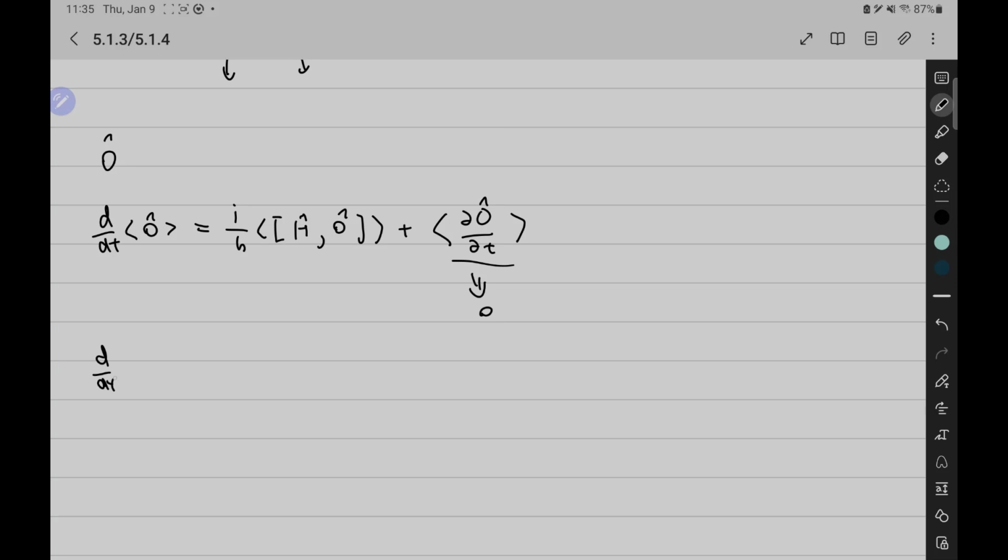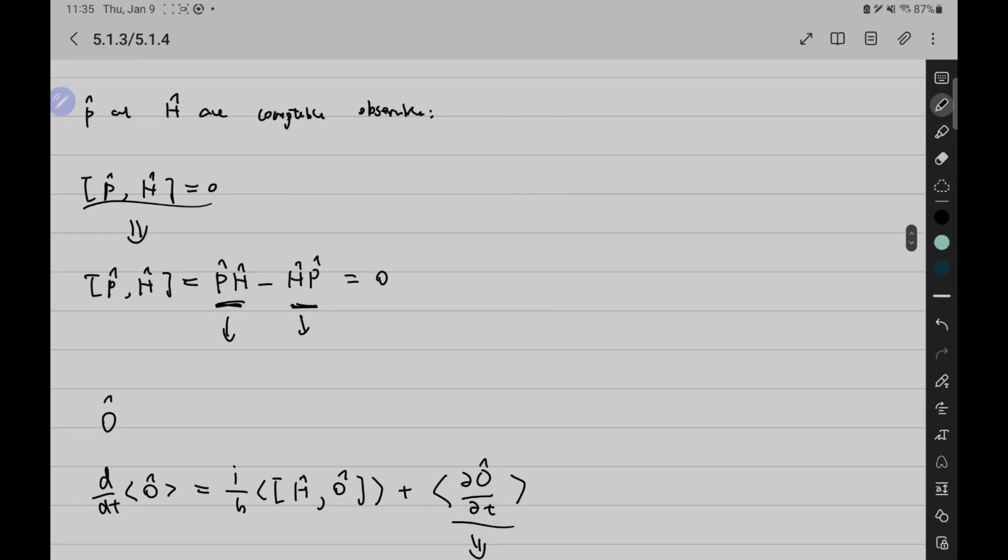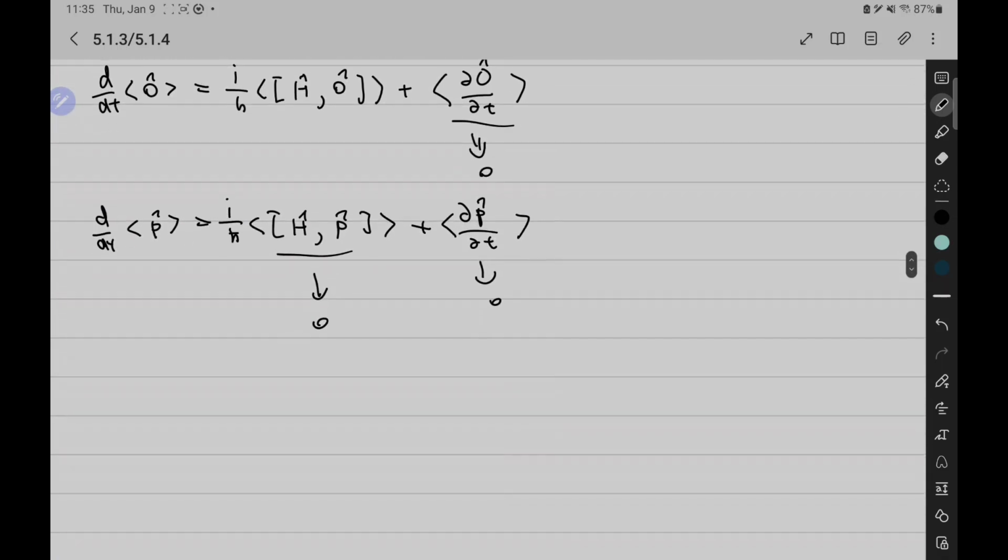Let's write this in this form first. For the exchange operator P, this would be i times the commutator of the Hamiltonian and P. This is equal to 0 because of the reason I just explained. And the other part is also equal to 0, as I have just explained. So this implies d/dt of the expectation of our exchange operator is 0.